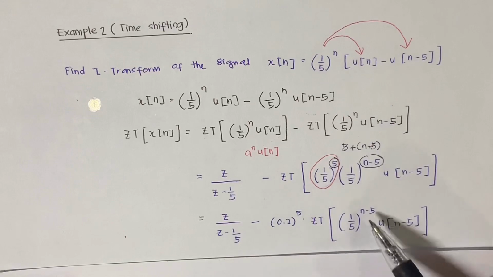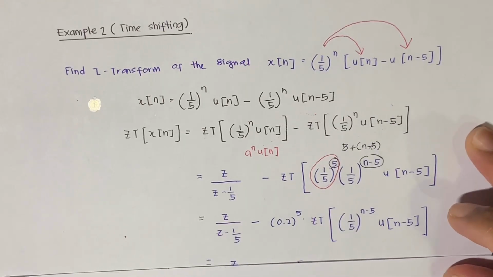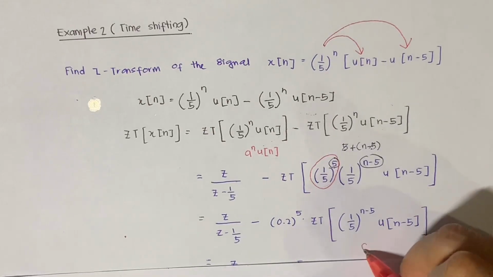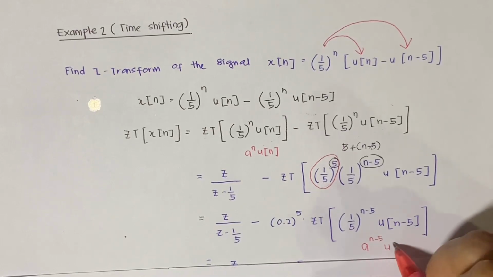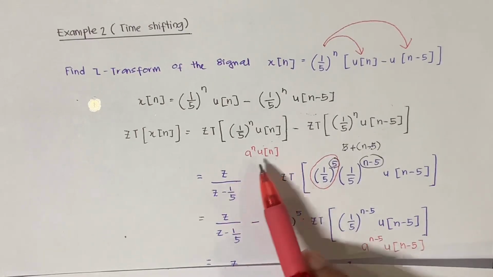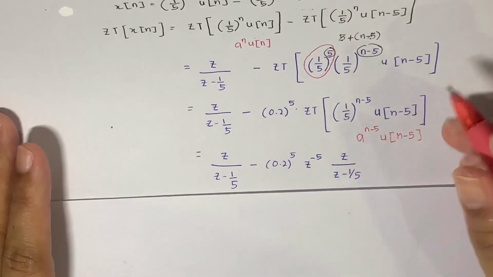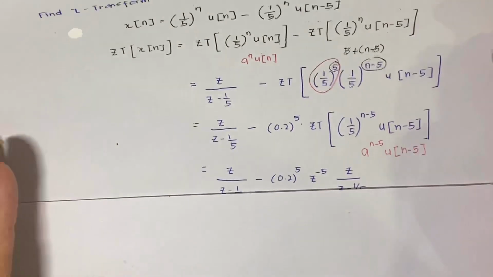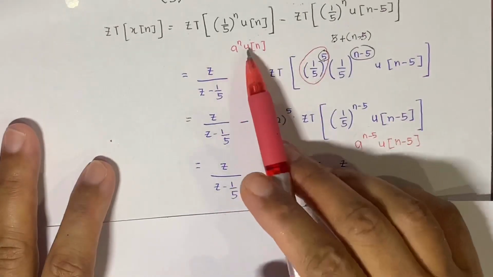If you compare this signal, it is something like this: n minus 5, u[n minus 5]. Try to compare this one with this. So we can use the same Z transform pair as the previous a^n u[n].